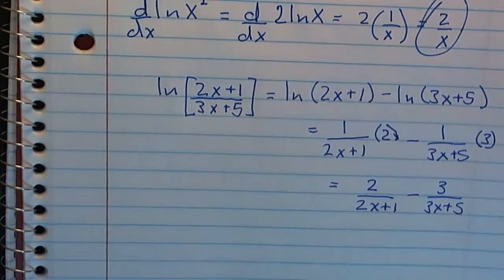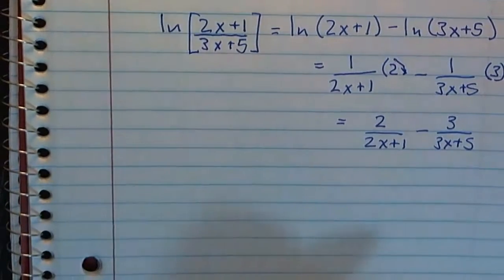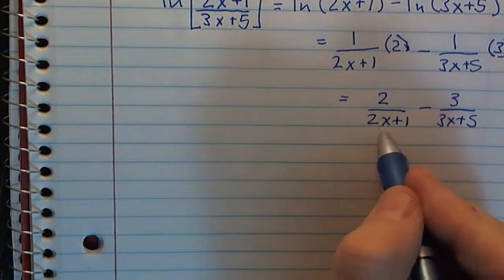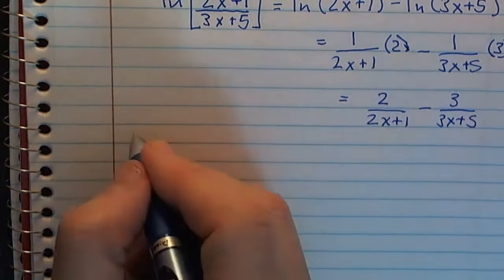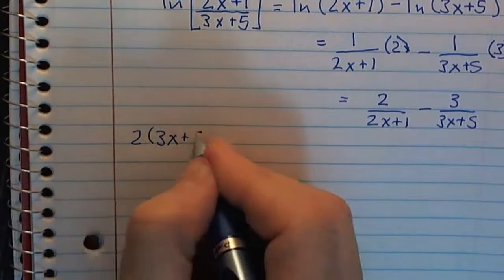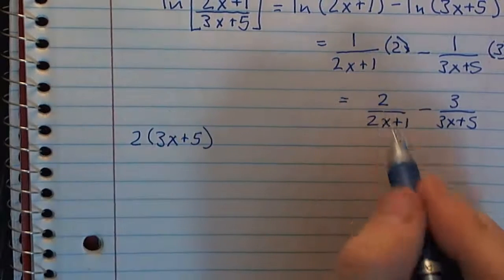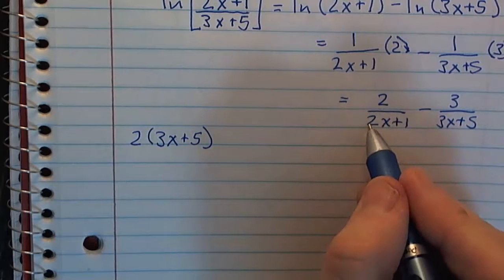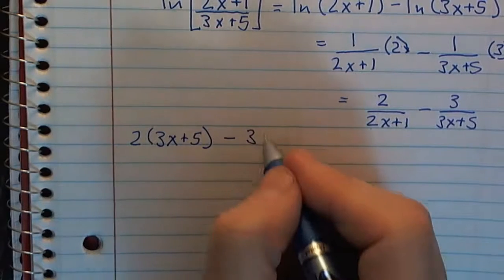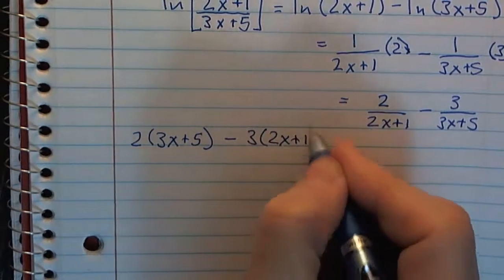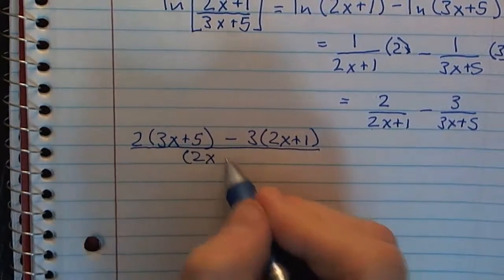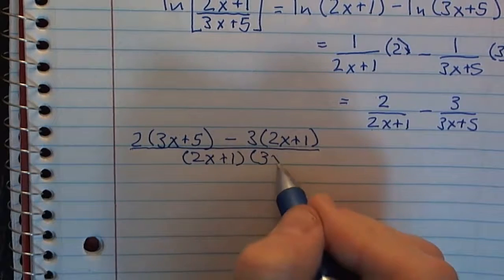And if we wanted to, we could, and let's go ahead and do it. Let's go ahead and combine these. So I got a common denominator of 2x plus 1 times 3x plus 5. What I'm doing is building up this fraction by multiplying the top and the bottom by 3x plus 5. And then over here, I need to multiply the top and the bottom by 2x plus 1. So by the time we do that, the bottom is just 2x plus 1 times 3x plus 5.